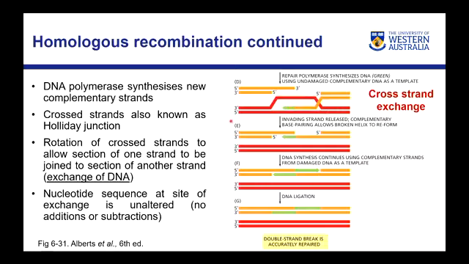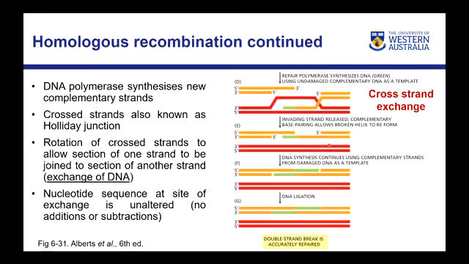So when these cross strands happen, we call them Holliday junctions, named again after the scientist that discovered it. So rotation of these cross strands allows a section of one strand to be joined to a section of another strand. So you get exchange of DNA.